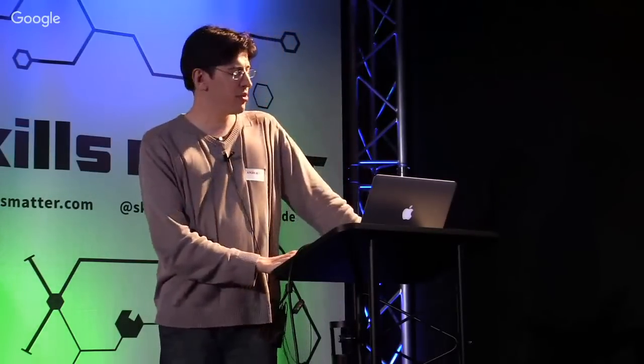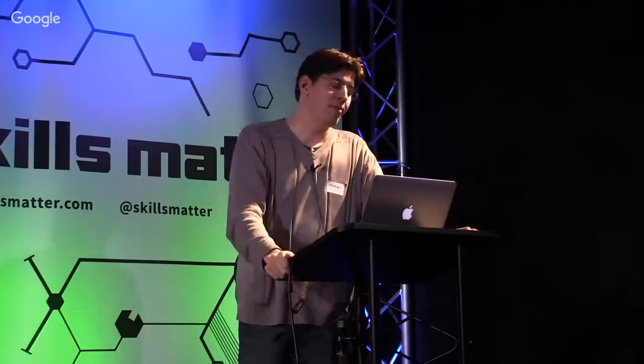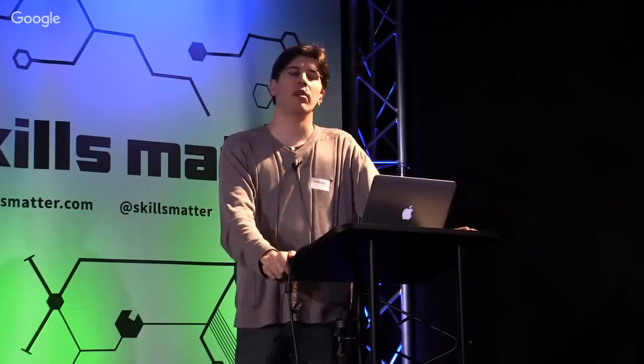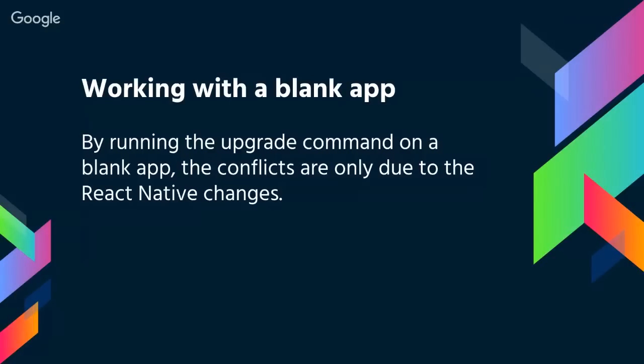So I came up with a solution which consists of isolating React Native changes. I started to work on my own, on my machine, with a blank app. I created a blank app outside my project in my current version of React Native, and then I upgraded it with the new version of React Native.